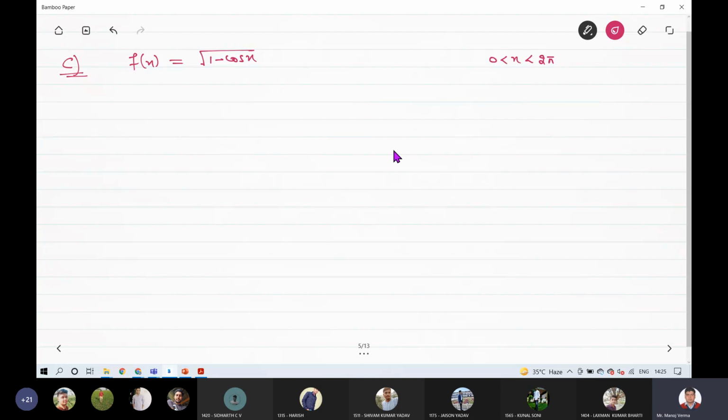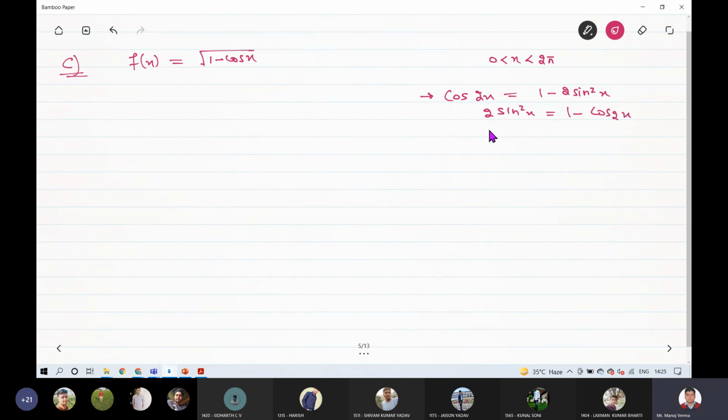So for this particular question, if you recall, cos 2x is equal to 1 minus 2 sine square x. I will modify this particular identity to simplify this type of function. So 2 sine square x can be written as 1 minus cos 2x.